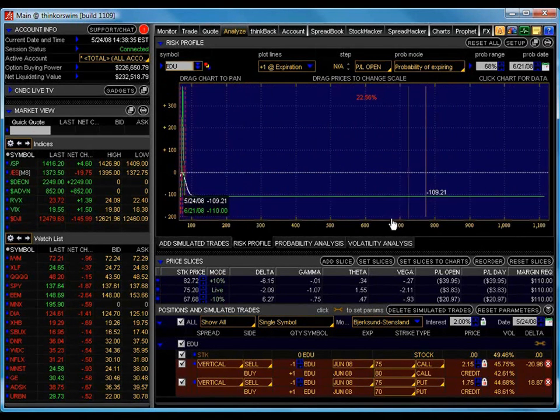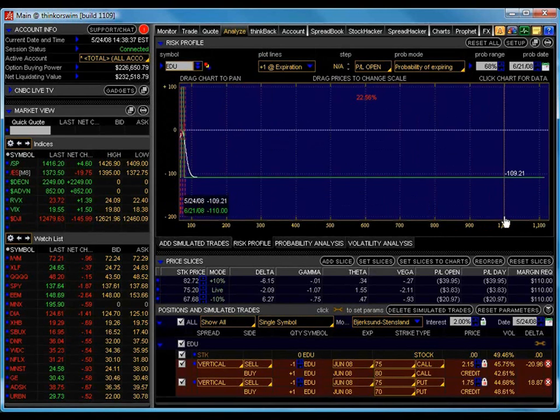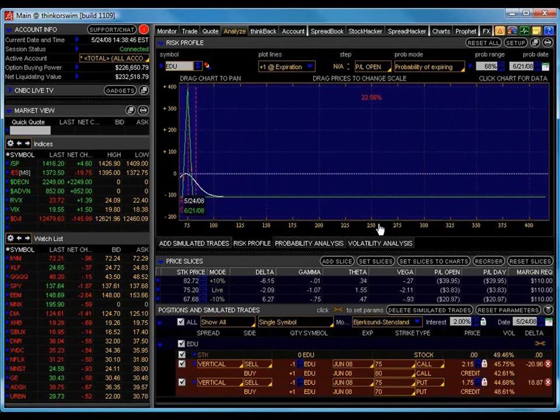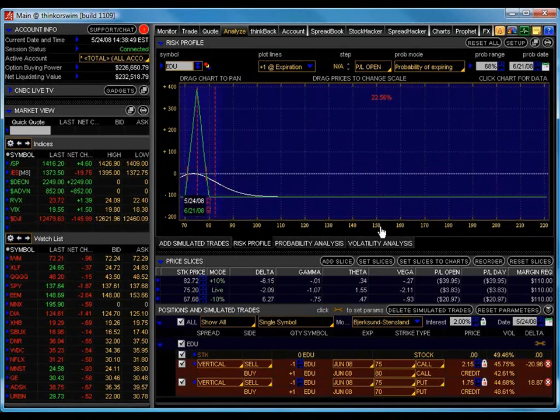This stock could go to $1,000 and we're still only going to lose $100. That's why spreads are preferred by professional traders over selling of naked options to collect theta.